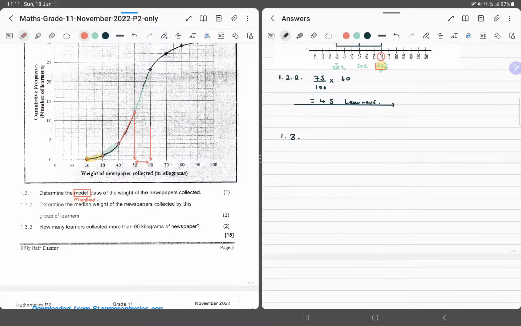So we can see our upper limit of that class is 60 and the lower limit is 50. To write this out, we're going to say the weight, because we're talking about the weight in kilograms, is less than or equal to 60.